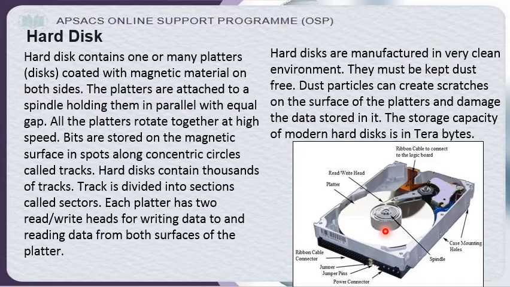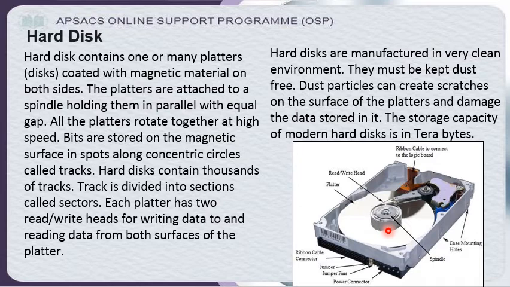What is the speed? The hard disk comes in two speeds. One is 5400 RPM, revolutions per minute, and the second speed is 7200 RPM, or revolutions per minute.